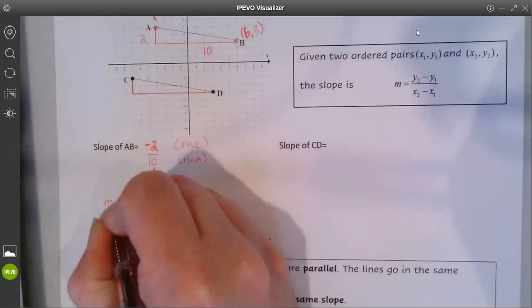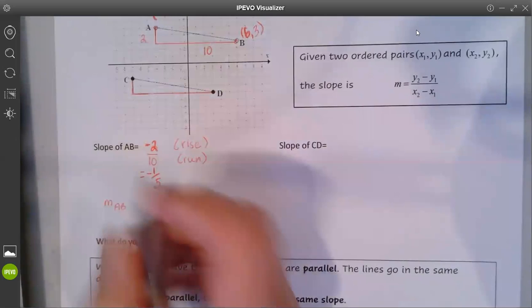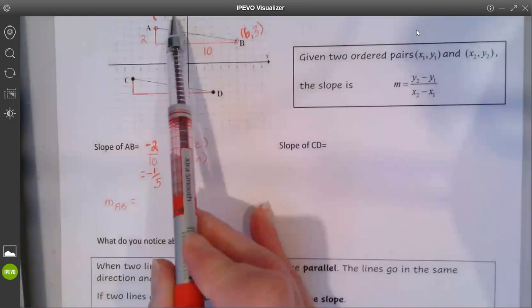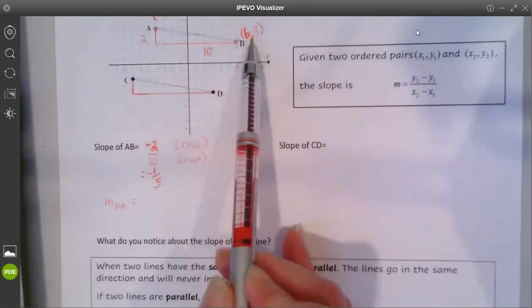The slope of AB, we use the letter M to represent slope, would be the difference in the y values. It doesn't matter which one you use first as long as you are consistent. So I'm going to take 5 from the A point, subtract 3 from the B. Those are my y values.